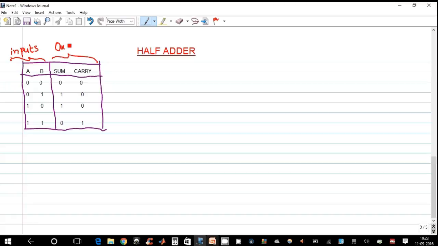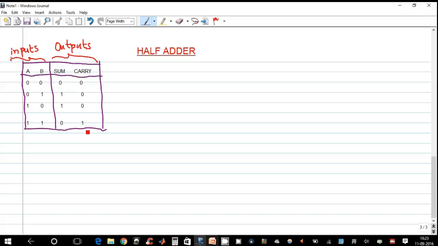As you can see, adding 0 with 0 will result in a sum equal to 0, similarly, there is no carry. 0 plus 1 is 1, with no carry. 1 plus 0 is 1 with no carry. 1 plus 1 is 0, according to the Boolean addition. So 1 plus 1 will result in a sum of 0 with a carry of 1.